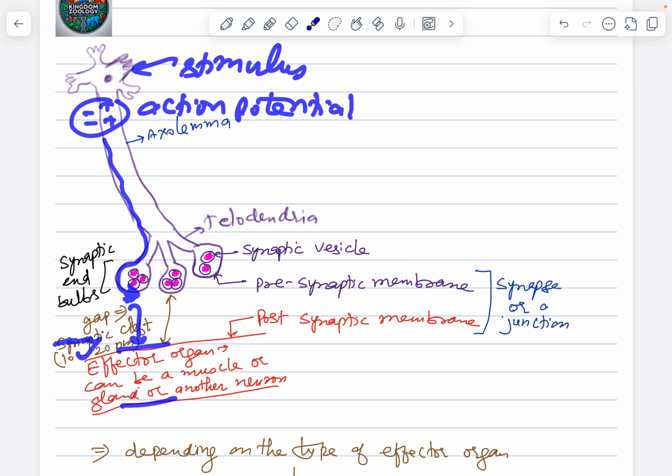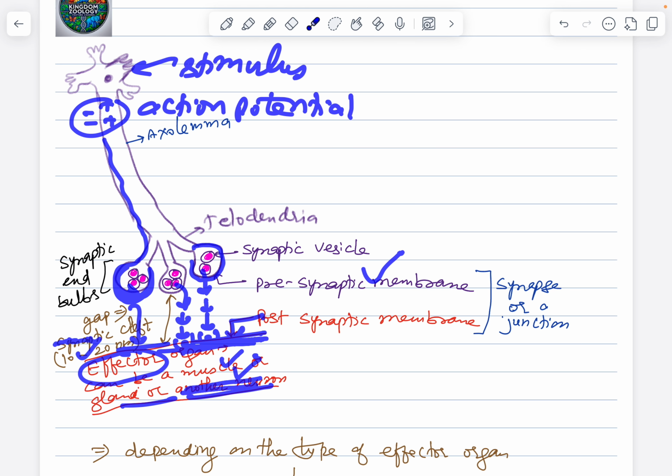No. When the action potential is on the presynaptic membrane, there will be first release of neurotransmitter, then it will travel slowly and attach over here, then only the effector organ will show its action. So is there a time lag between the presence of action potential here and an activity in the effector organ? Yes. What is the time lag? The time taken by the neurotransmitter to get released, travel, and attach over here, because then only the effector organ is going to show its actions.